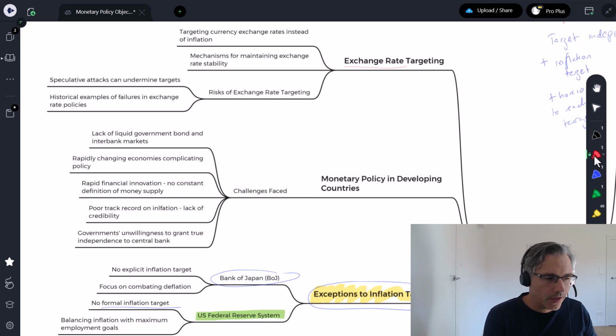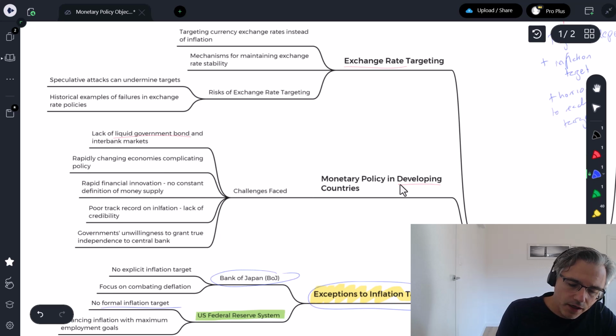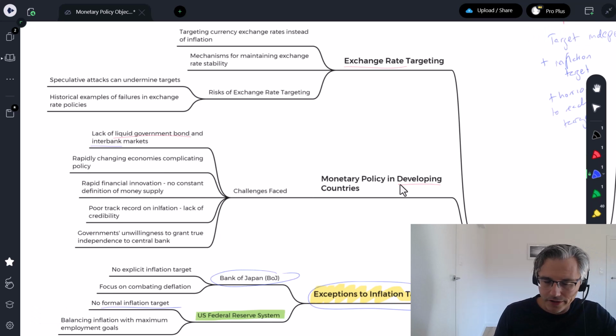First of all, a lot of the work of central banks isn't just about setting interest rates, but also about conducting open market operations, which is the buying and selling of bonds. Well, often developing nations don't have a liquid government bond market, which is an impediment, and sometimes they don't have an interbank market.